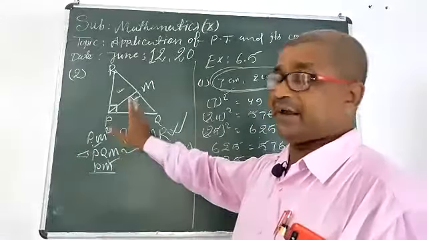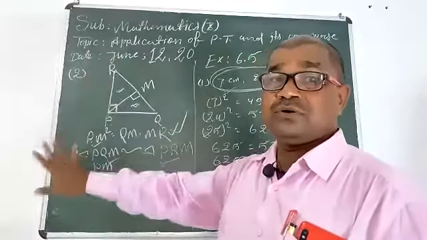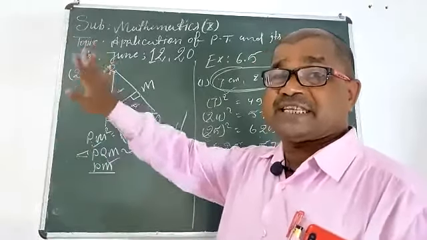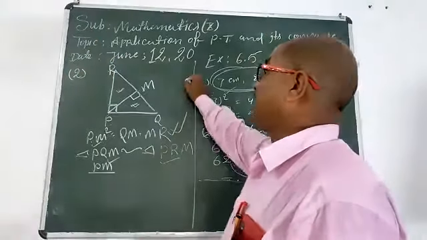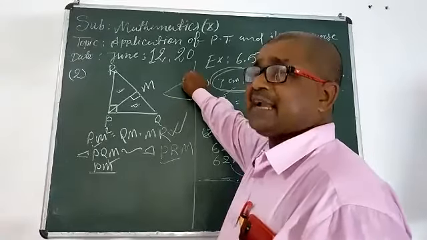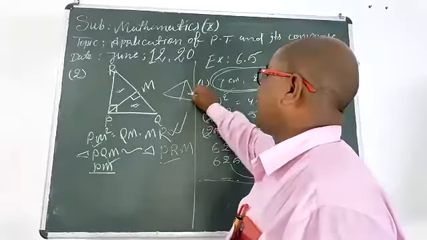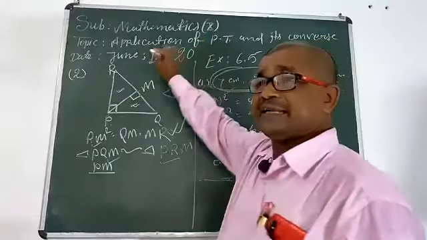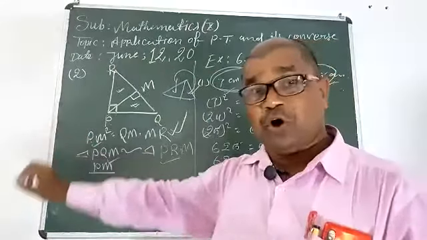Final. This question is related to major statement 6.7. What is this? After drawing a perpendicular from the right vertex in a right angle triangle on its hypotenuse, the triangle is divided into two right angle triangles. They are similar to each other. We know this.